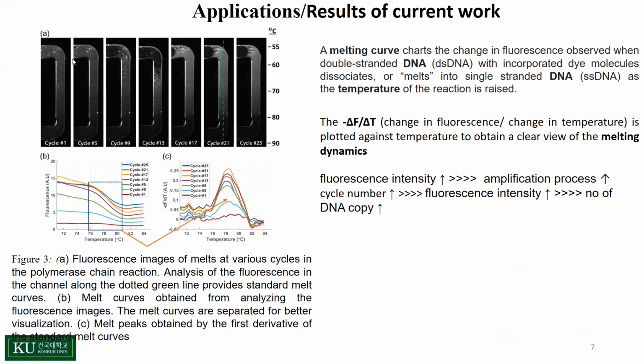So this is the application of the result of this current work. They use viral DNA to amplify and see the fluorescence changes. We can see from figure 1a, from cycle number 1 to cycle number 25, that the intensity of fluorescence increases, because at a higher cycle number, the number of copies of DNA increases, so fluorescent intensity also increases.